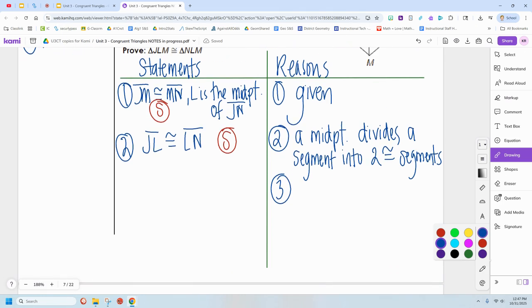Okay, so what's the reason? What do I write right here? Because triangle. Just look up at your previous example. Look at where we have it, it just starts with the letter R. Reflexive property.